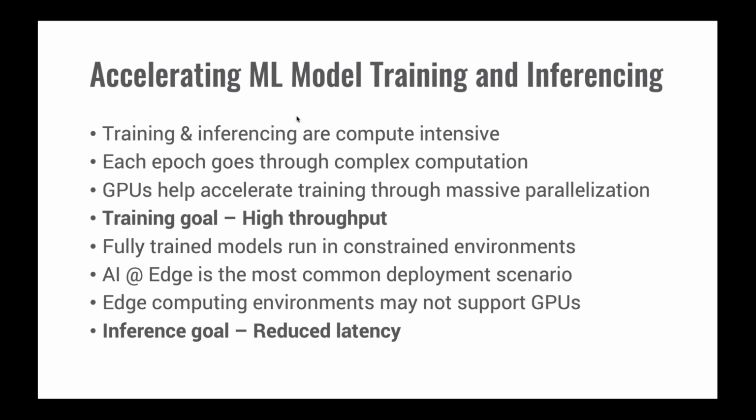And there is a concept called an epoch, where basically the entire data set is being used for one iteration, and that epoch goes through complex computation, and we may have a few tens of epochs to hundreds and thousands of epochs that are used for training. And our goal is to make sure that with every epoch, the model is optimized and it is reaching a higher accuracy level. So that means with every epoch, we need to perform more and more computations and more rigorous calculations. And CPUs alone are not sufficient to perform that.